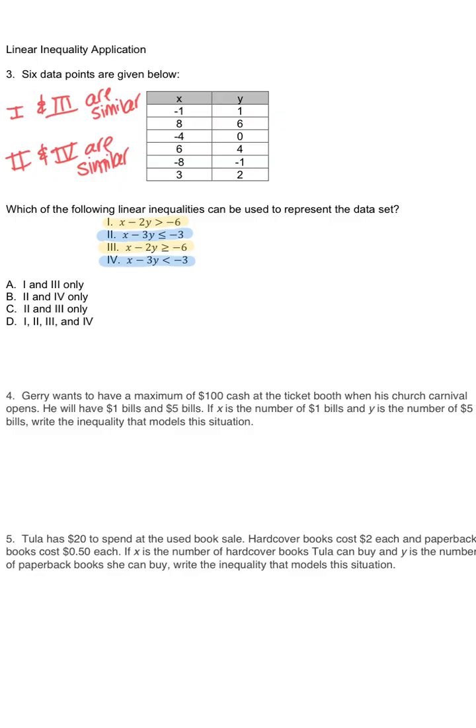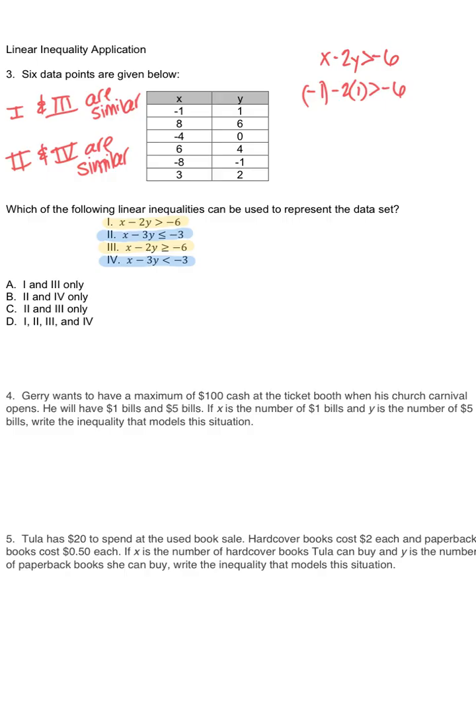I'm just going to take number 1, x minus 2y is greater than negative 6. Let's fill in that x and y using the values given to us in this list of points. So we have x, which is negative 1, minus 2 times y, which is 1, is greater than negative 6.